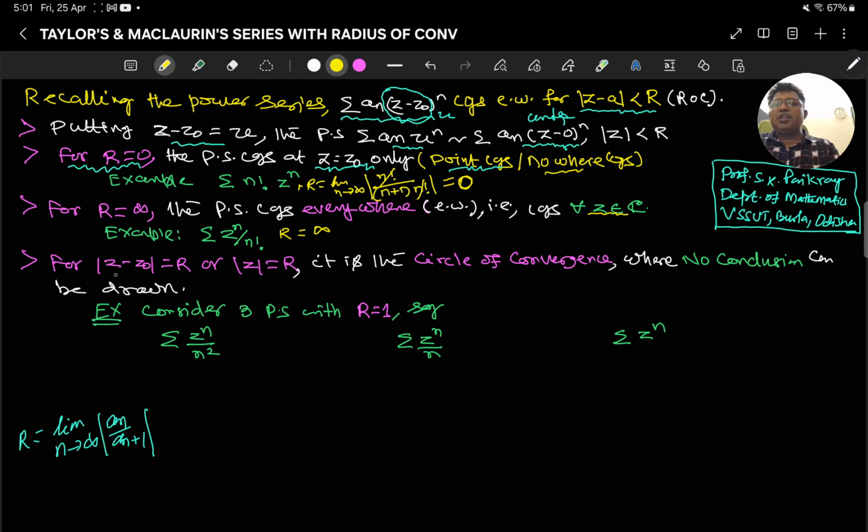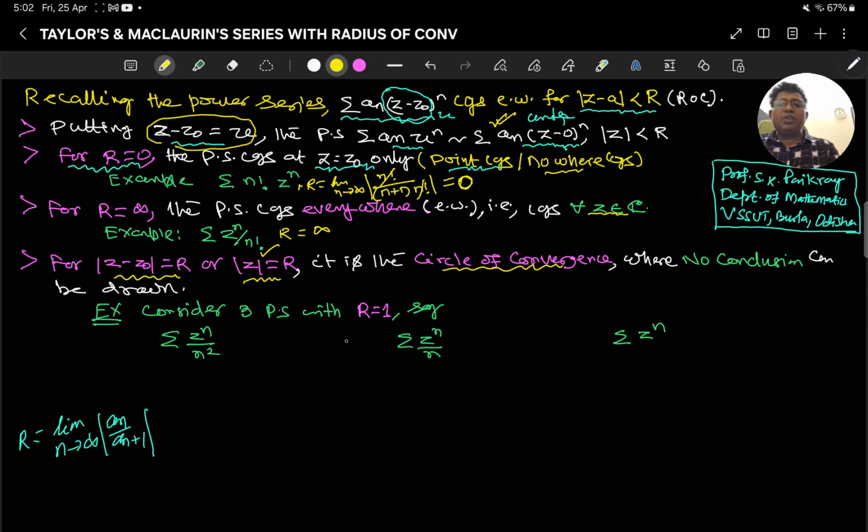Now |z - z0| = R, or with center at 0 we write |z| = R. The analysis for |z| we will also extend to any center, as I have told, by putting z - z0 equal to u. So if you analyze the series for this, then it can be extended to this. Now it is called the circle of convergence, where no conclusion can be made on the boundary.